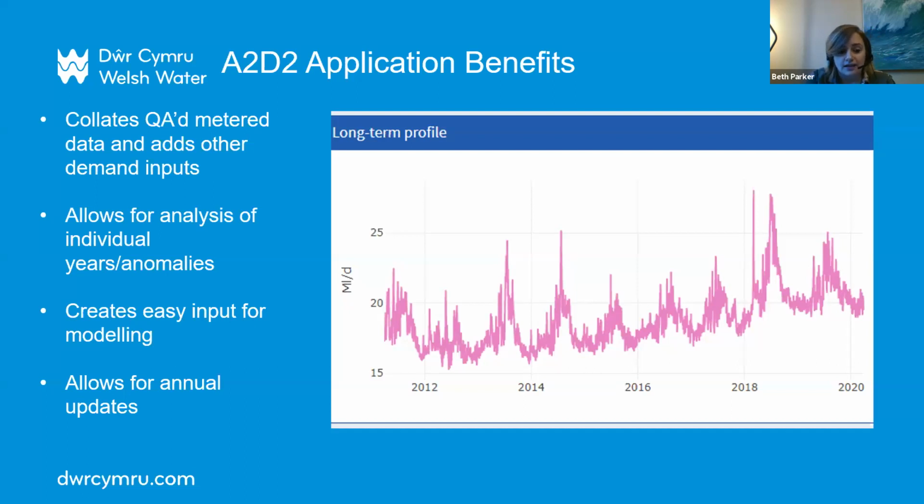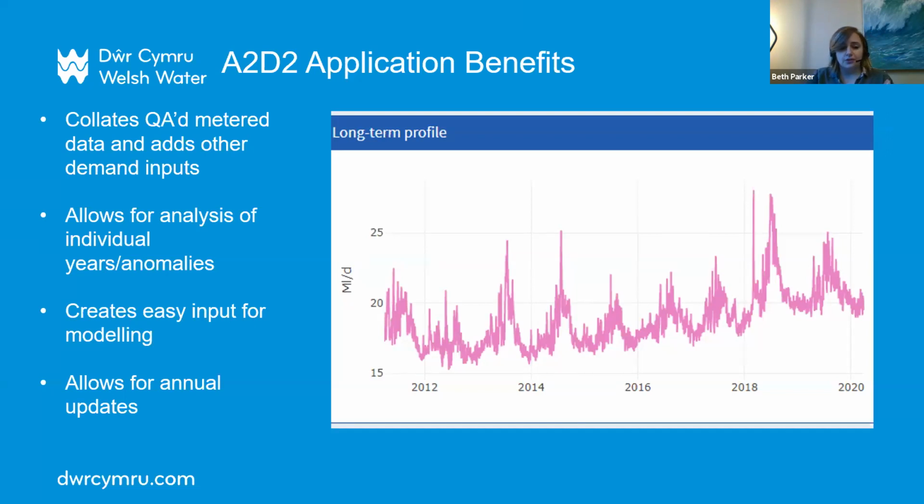We now use collated QA'd meter data from the leakage team, whereas previous mass balance data was not an accurate representation of the network and didn't use real world data. We can add other demand inputs, such as non-households, unmetered customers, large customers, leakage and upstream losses.